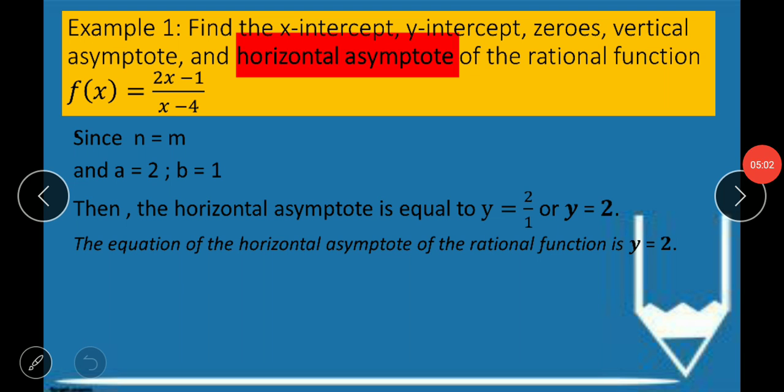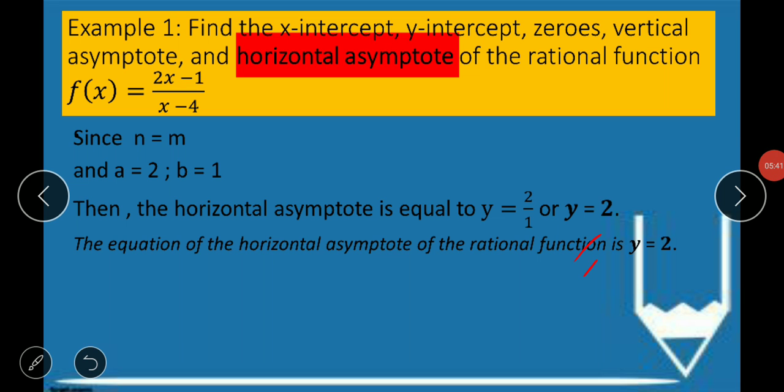If you graph it, since y is equal to 2, that is our horizontal asymptote. We just need to locate positive 2 on the y-axis. That is here, 1, 2. Since a horizontal asymptote is a horizontal line, we will just draw a horizontal line passing through positive 2. And that is already our horizontal asymptote.